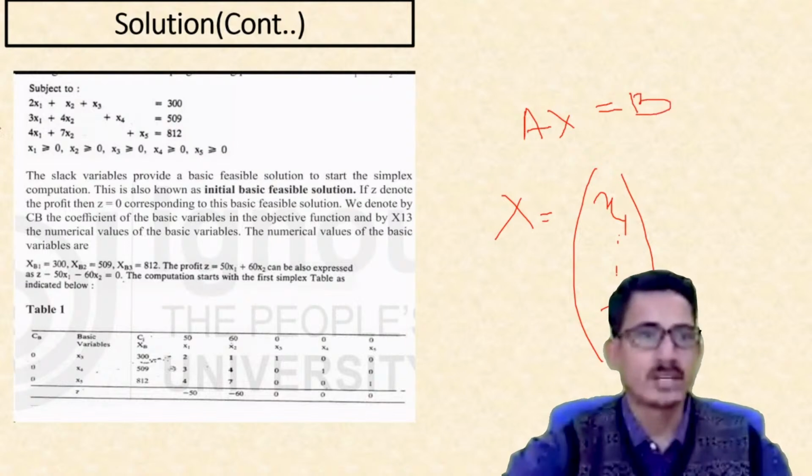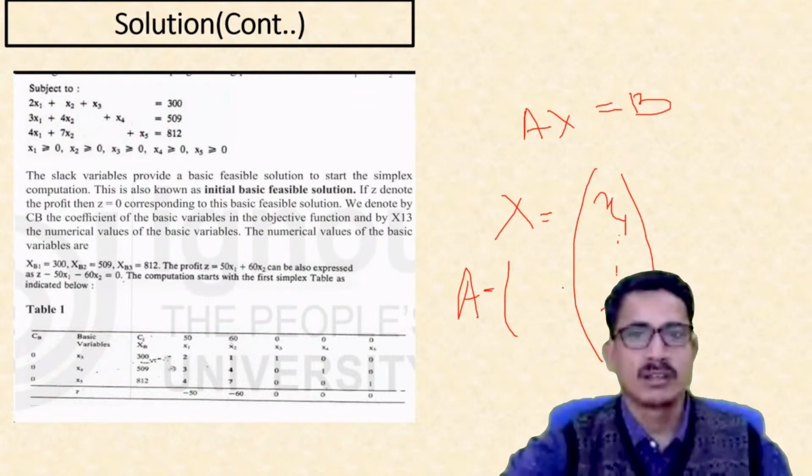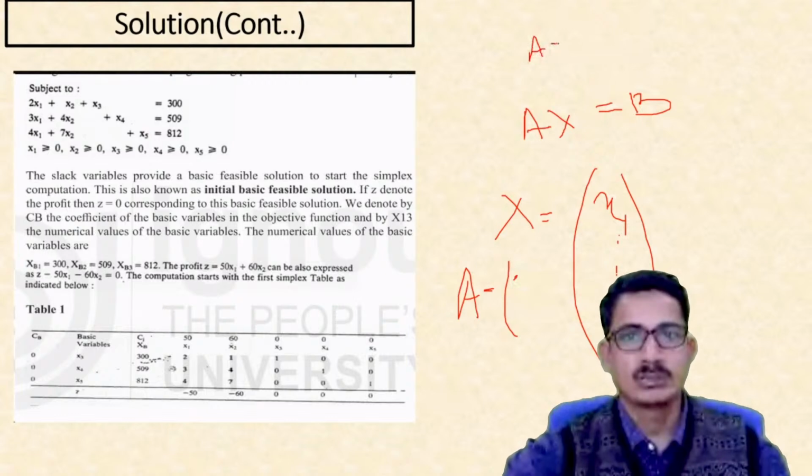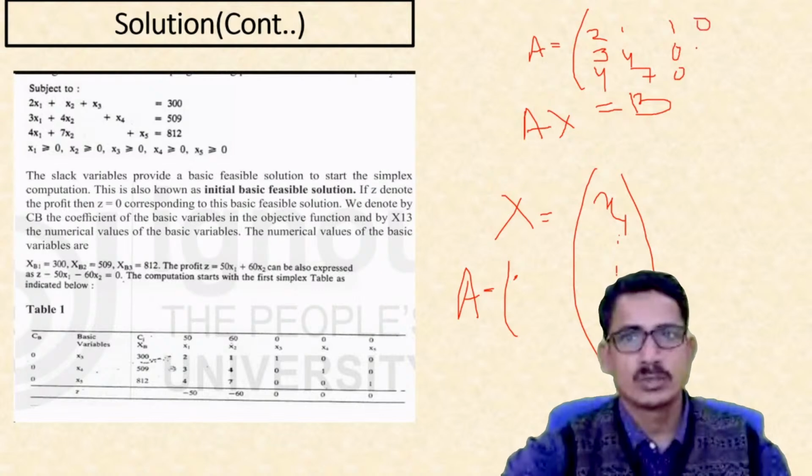Right? A is the coefficient matrix, where A is equal to 2, 3, 4, 1, 4, 7, then the coefficients 1, 0, 0, then 0, 1, 0, and 0, 0, 1.